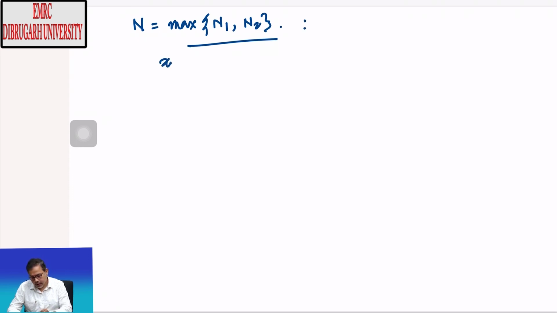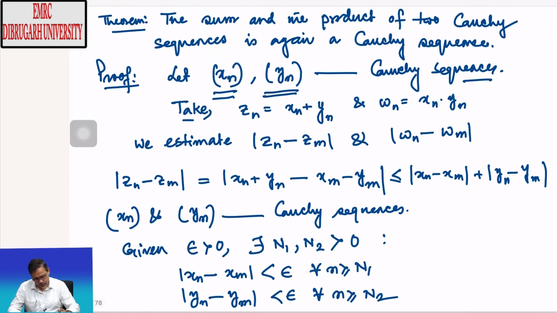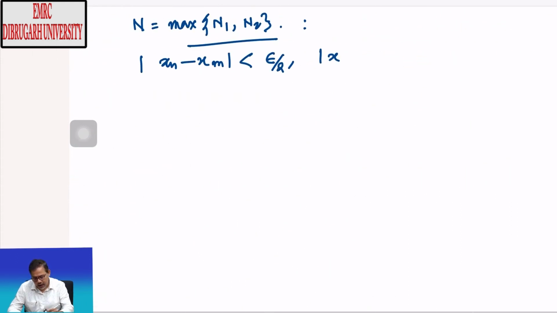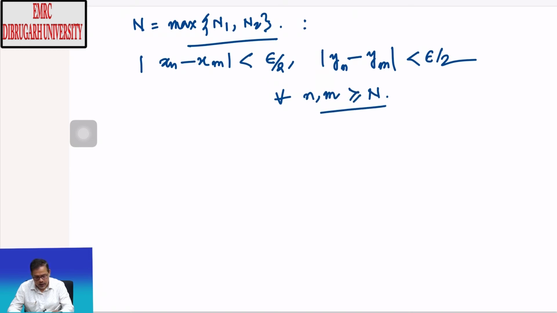such that x n minus x m is less than epsilon, I can take this to be epsilon by 2, so that finally we end up with simply epsilon, and y n minus y m less than epsilon by 2 for all n, m greater than or equal to this capital N. So both the conditions will be satisfied when I take N to be the maximum of n 1 and n 2.